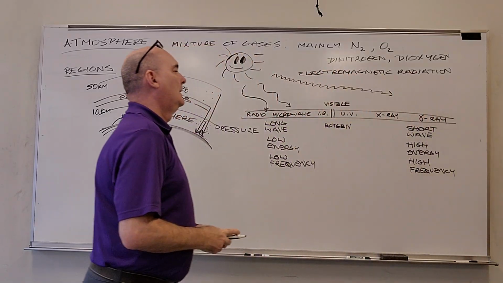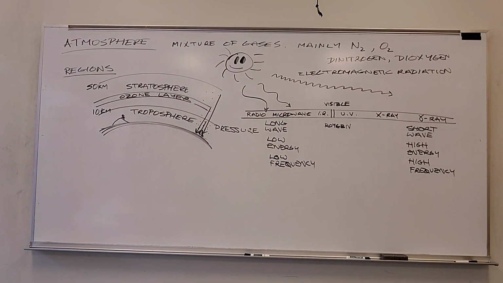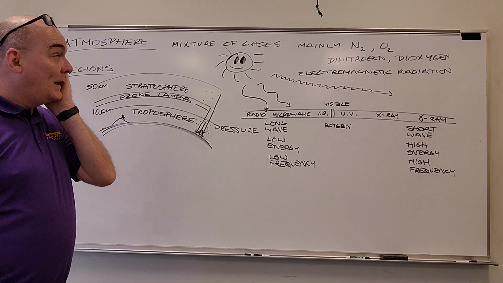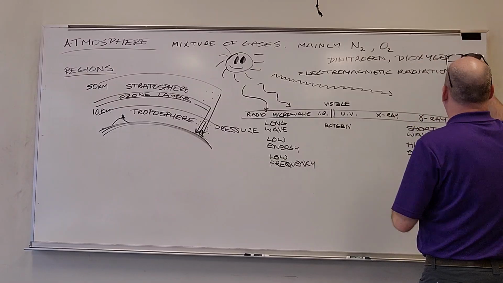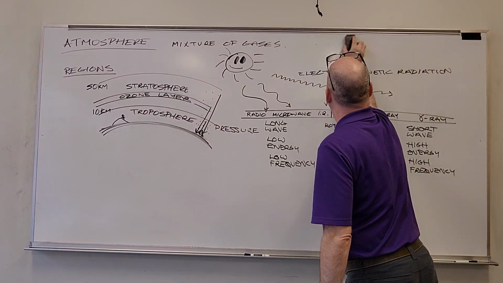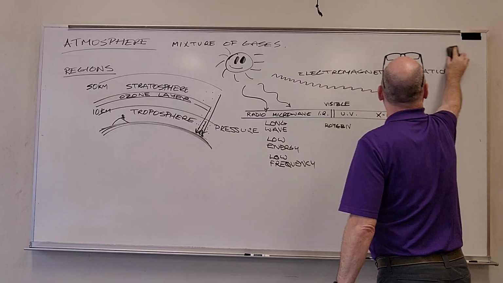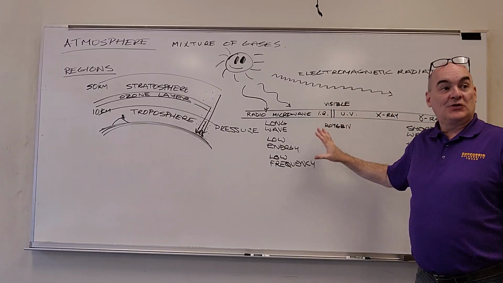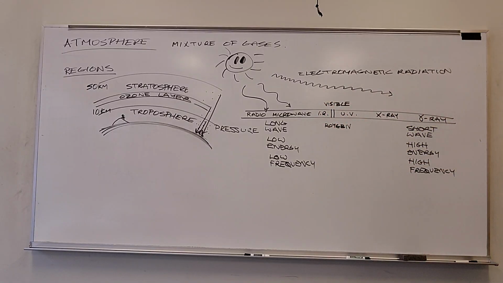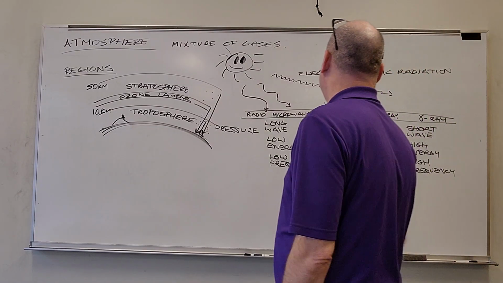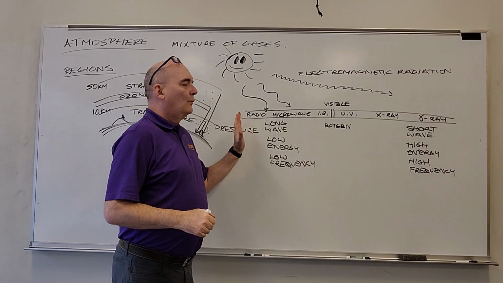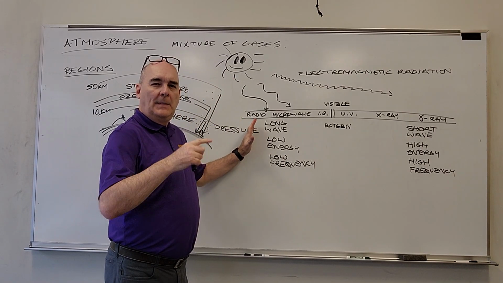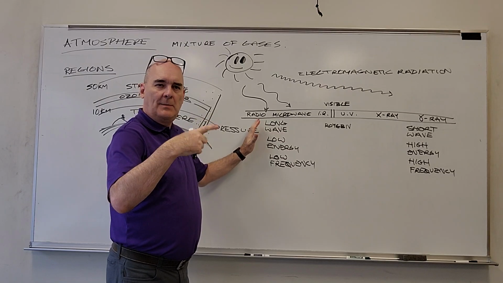Okay. Now, it turns out that the way that nature has set itself up is that energy interacts with matter in a different way with each type of energy. Radio waves make electrons tumble and spin.